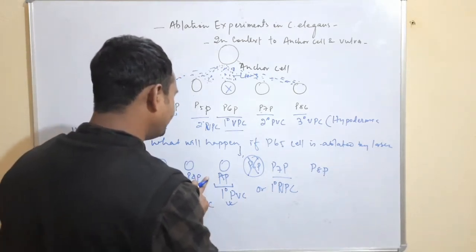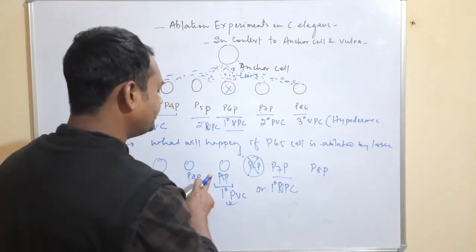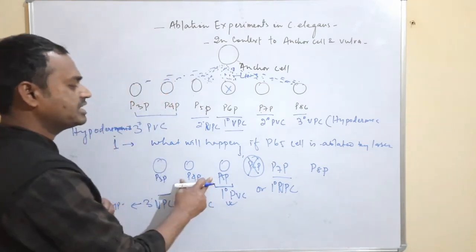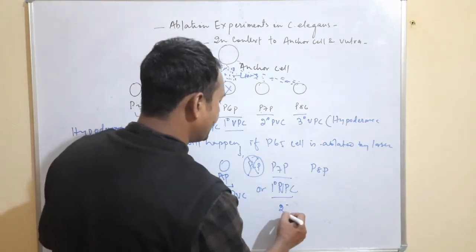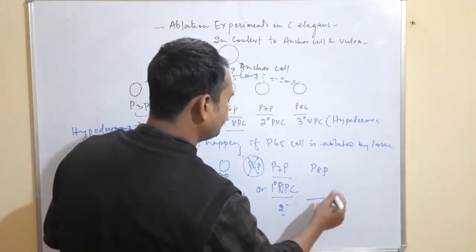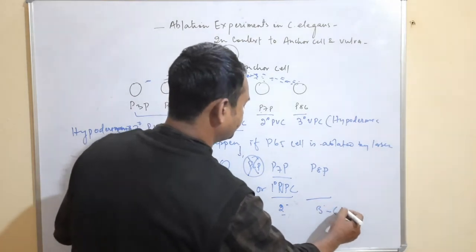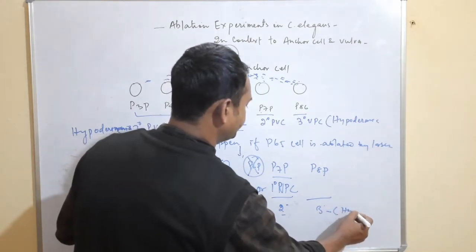If P5P is getting the primary fate, then P7P will be secondary and P8P will be tertiary, leading to the formation of the hypodermis.